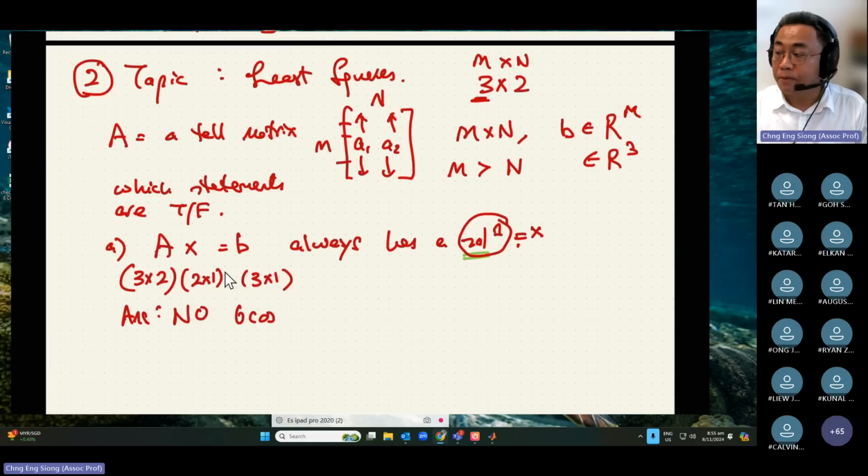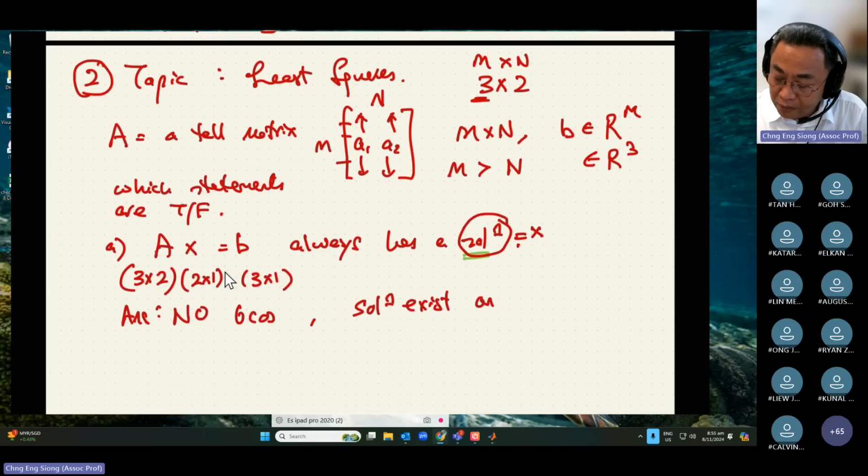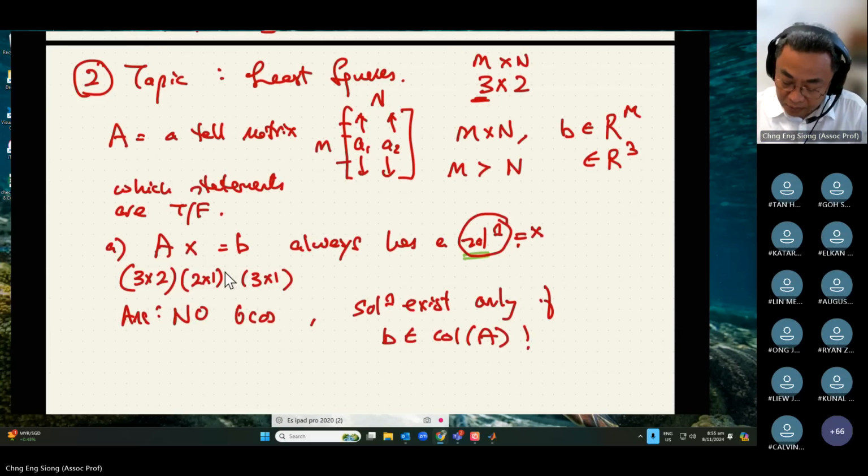Because? Yes. Because a solution exists only if B belongs to the column space of A. Because the word is always, right?